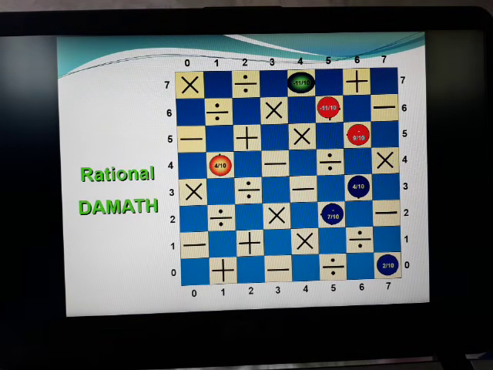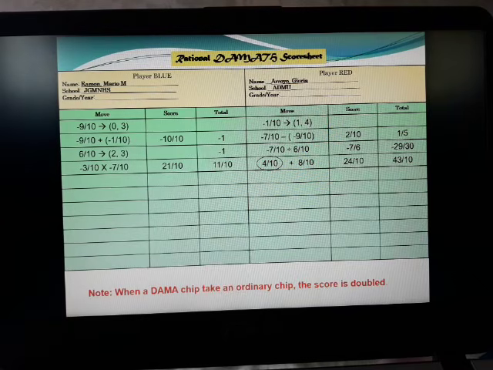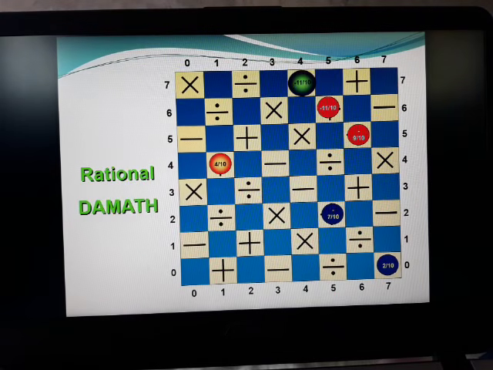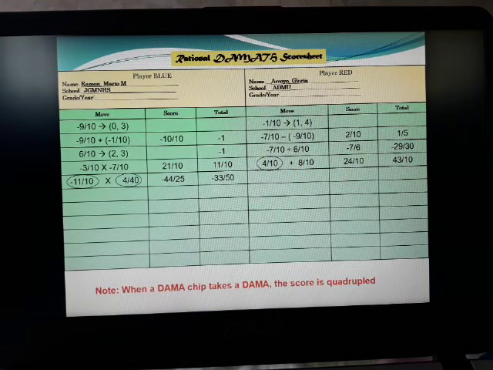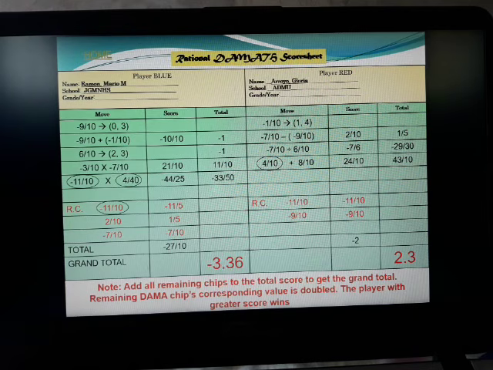So, a Dhamma takes a regular chip. The score is double. A Dhamma takes a Dhamma. The score is quadruple. So, remaining chip, you add all your remaining chips to the score, we have the total, and then the grand total. So, total, negative 36 for the total of the player red.